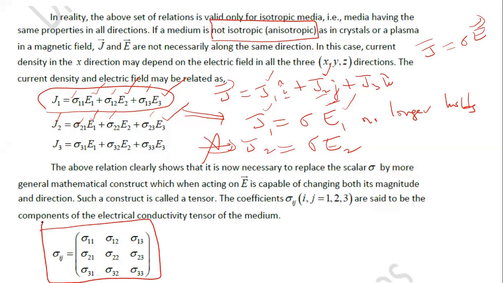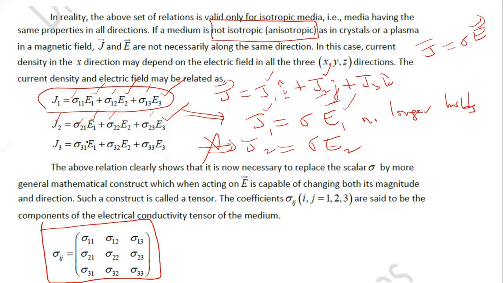It now has nine components. So this conductivity is known as a conductivity tensor.